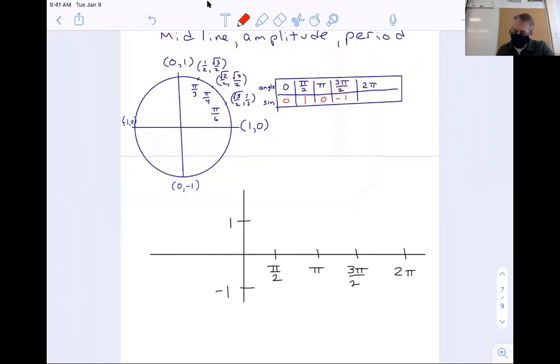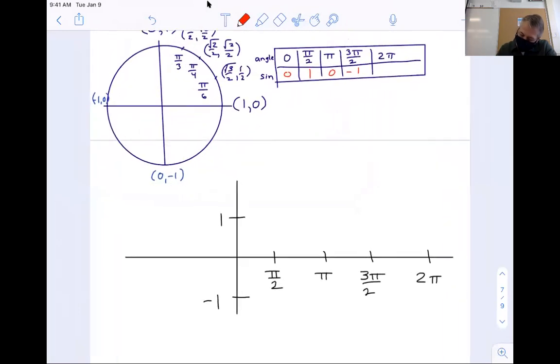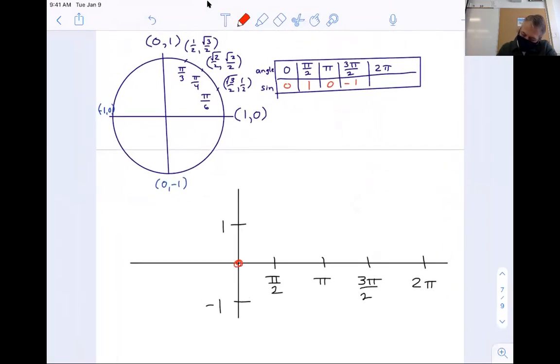So here is what my sine graph is going to look like. It goes through 0, 0. Okay, that's that point there. Pi over 2, 1. Okay, that's there.